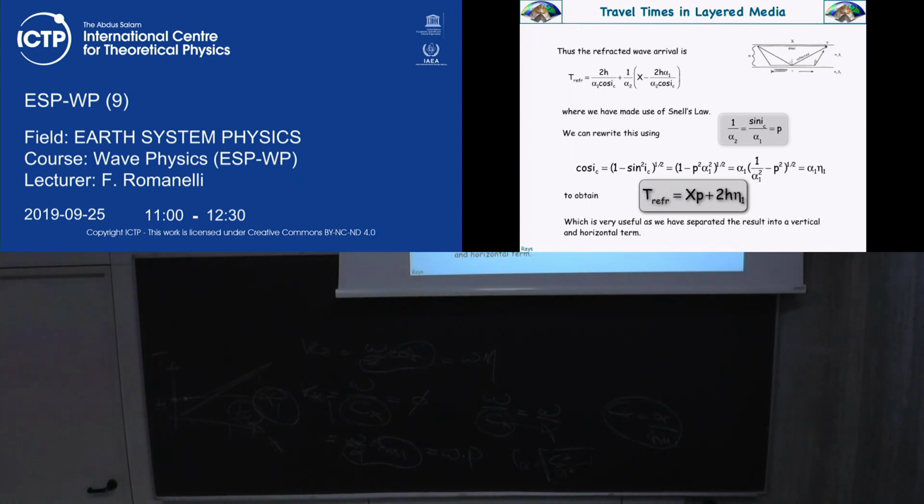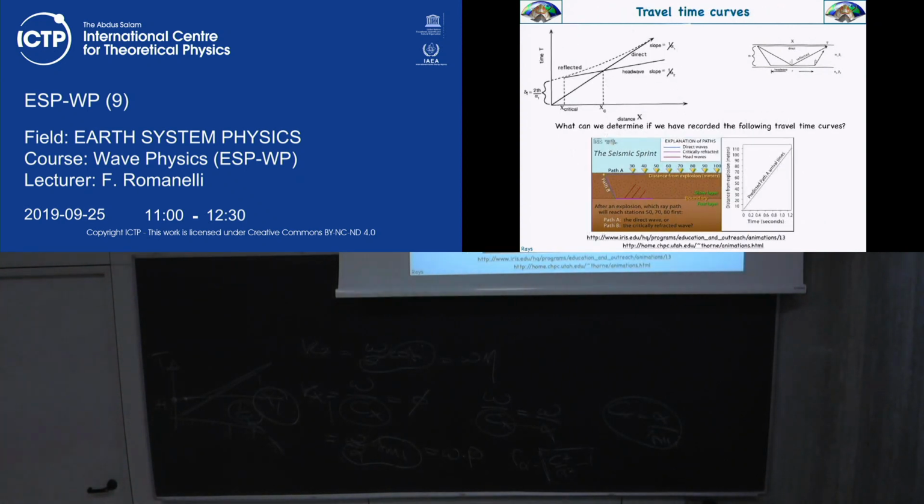To sum up, what we can draw now are the travel times of this system here. And there you go. Given these travel times, in principle, you can get all the parameters that you want: alpha 1, alpha 2, the thickness.